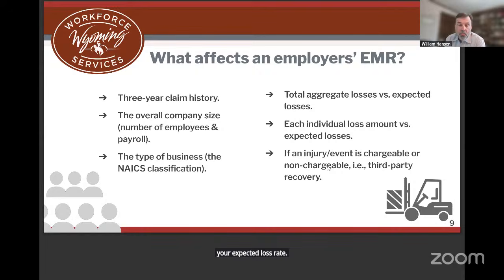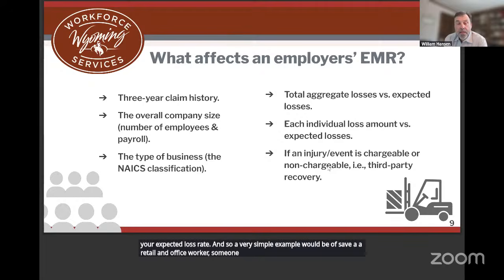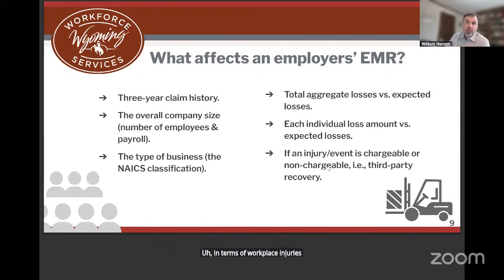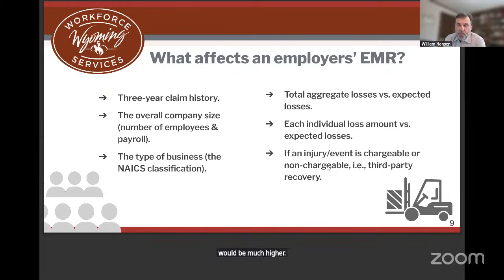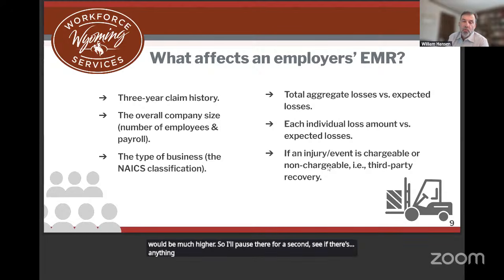A very simple example: a retail and office worker, someone like myself, would have a very low expected loss rate in terms of workplace injuries, relative to, say, an industrial class or an energy class that's much higher risk. The expected losses for those types of employers would be much higher. I'll pause there for a second, to see if there's anything we want to explore more, if that helps give some context to how the EMOD is determined.